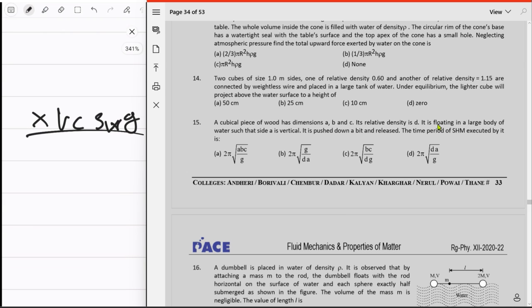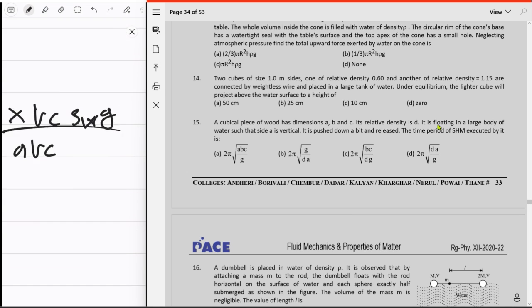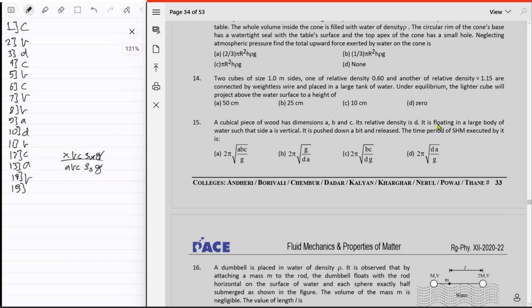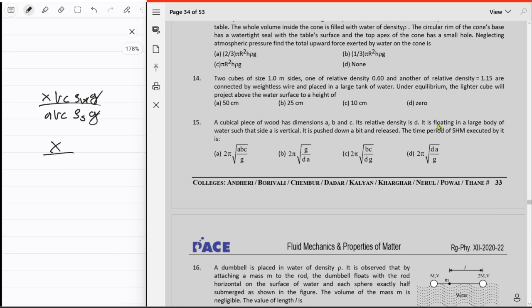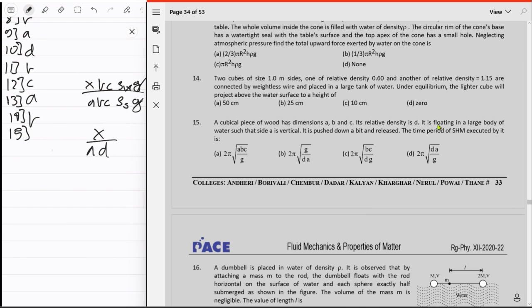Upon the mass. The mass will be ABC times the density of the solid. This cancels. So what do you get? Just X upon A and then relative density. That's the acceleration, or negative of that. I should say W or something for acceleration.